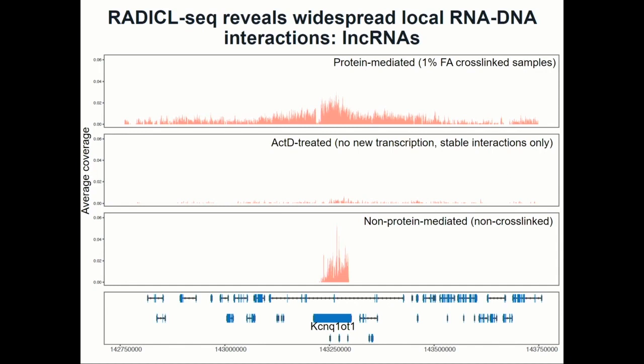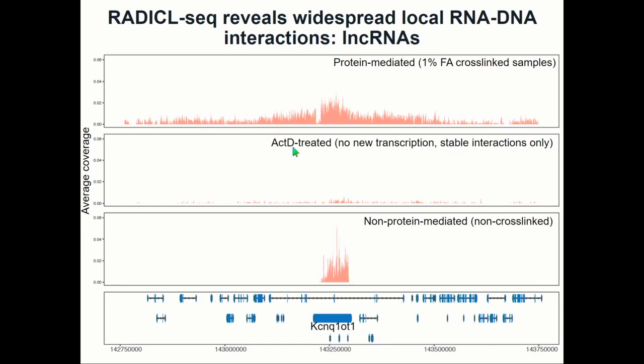This is a gene, KCNQ1 opposite transcript, which is essentially an antisense non-coding RNA, which is imprinted. This is very well known to bind its own locus, not only at its own site, but to distribute along the chromosome. And actually, our method captures those interactions.